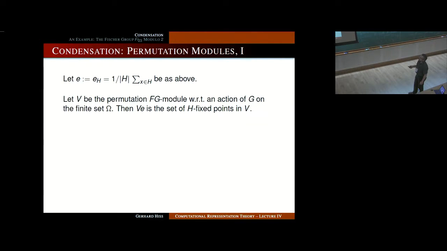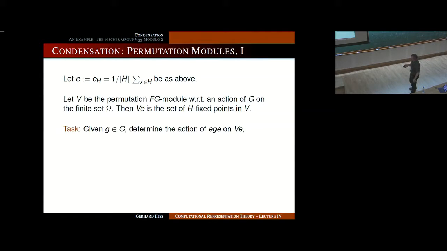So the permutation module is the module over F, which has a basis which is permuted exactly as G permutes the set omega. Then it is more or less clear that the condensed module with respect to this idempotent consists of the H fixed points in V, just the H fixed points.